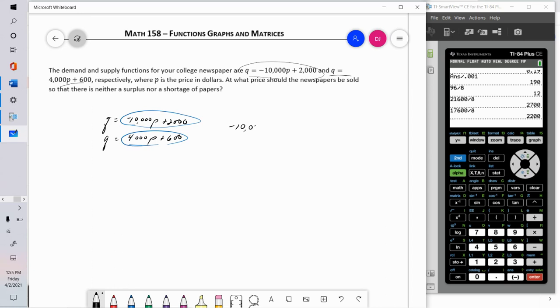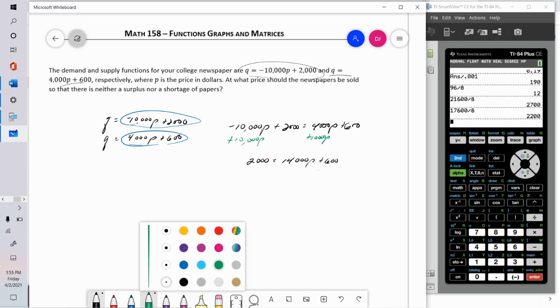So negative 10,000p plus 2,000 should equal 4,000p plus 600. I'm going to add 10,000p to both sides. So 2,000 is equal to 14,000p plus 600.